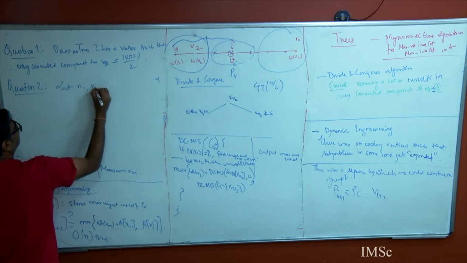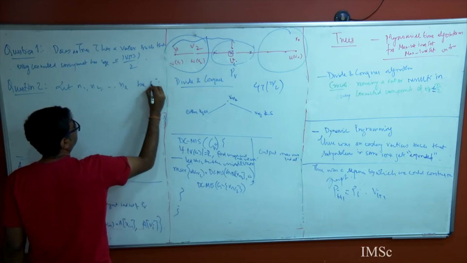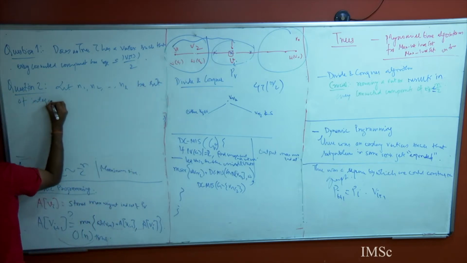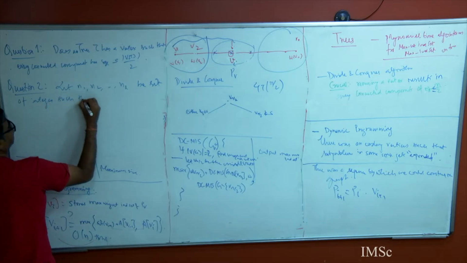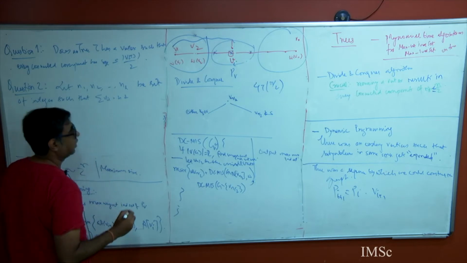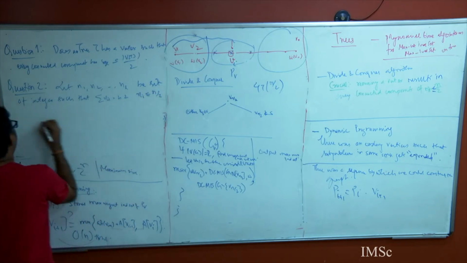let n1, n2, ..., nl be a set of integers such that the summation of ni equals n and each ni is at most n over 2.